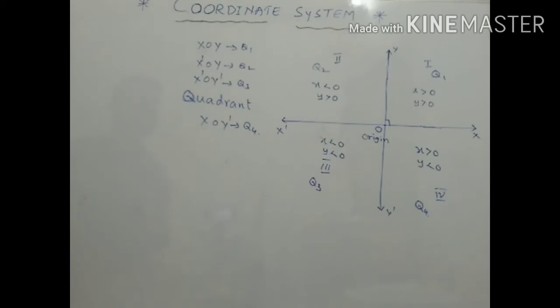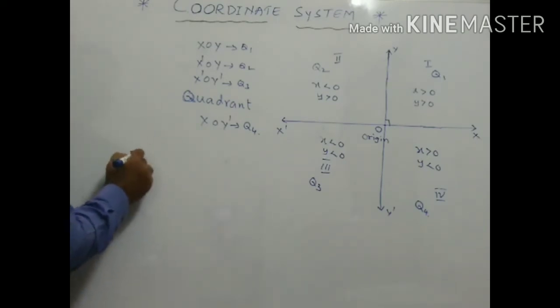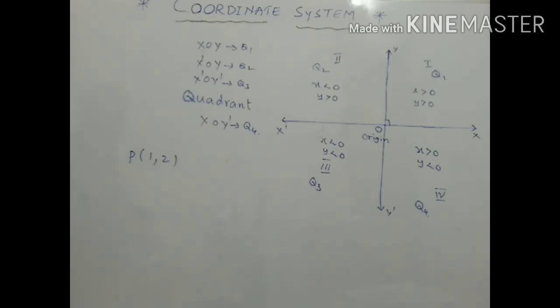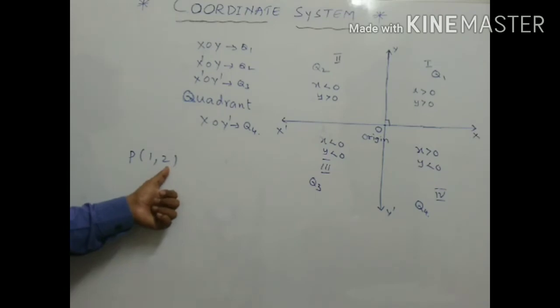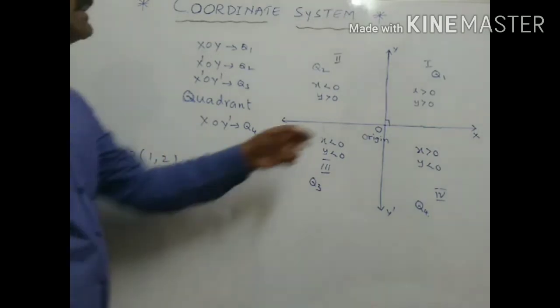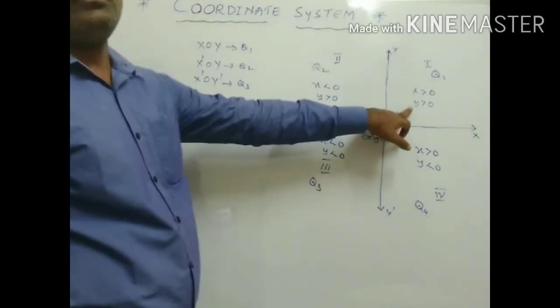Do you understand now? So now suppose P is a point which is (1, 2). Let us see the location of this point. First confirm with the coordinates. The x coordinate is 1 and the y coordinate is 2. And both are positive. X is positive and y is positive. It is quadrant 1.